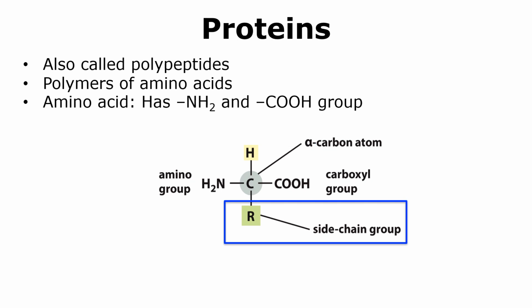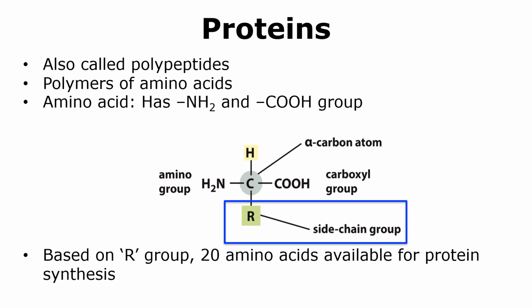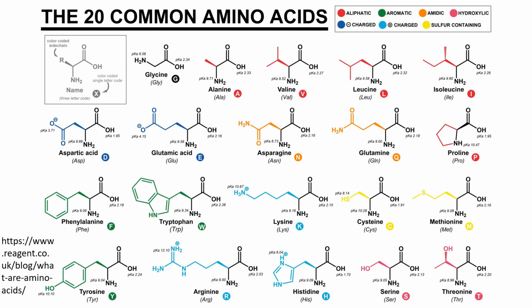The part of the structure which is shown by the side chain group is the part that shows variation. Now, in our body, there are 20 different amino acids, which means that the R part of the amino acid is different in each of these 20 amino acids.